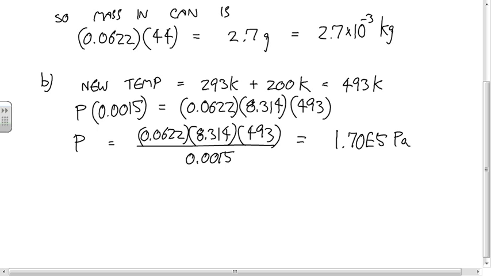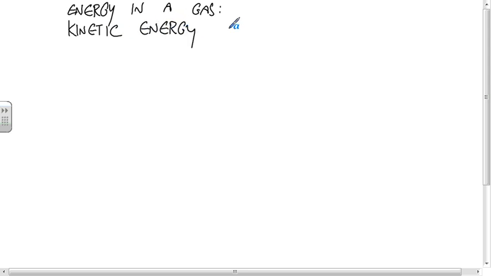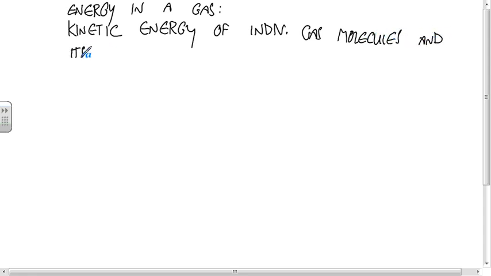So the next thing that we're going to talk about is energy in a gas. And we're going to start talking about that in terms of the kinetic energy of individual gas molecules and its relationship to the temperature of the gas.